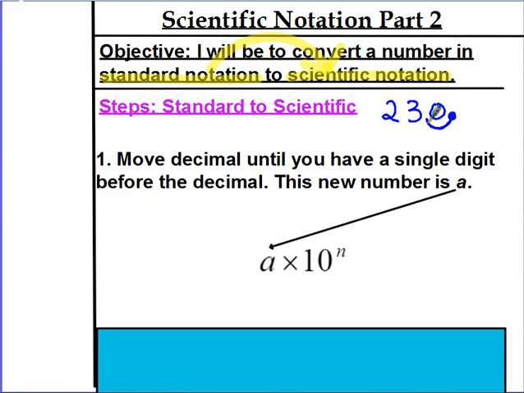So I'd have to scoot it back once, twice. Now this new number, 2.3, would be where I put the letter A. That's what I would have before the multiplication symbol. So let's move on to our next step.